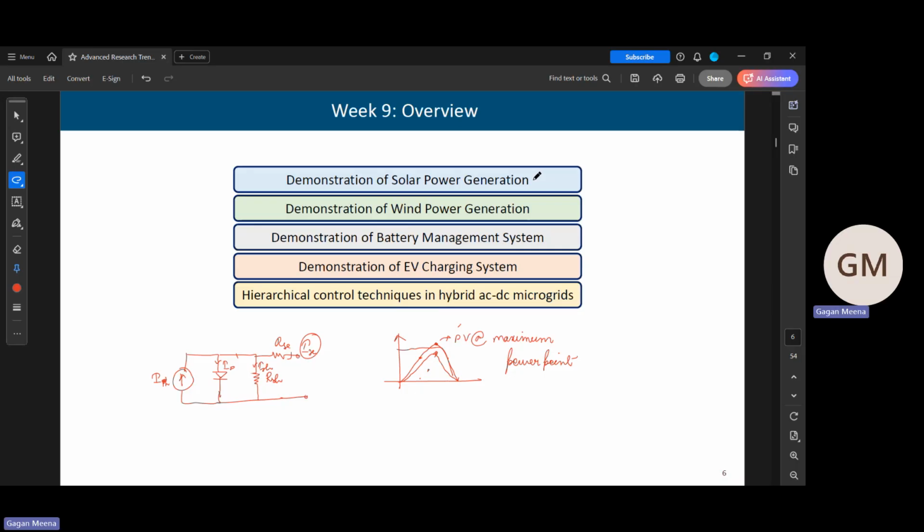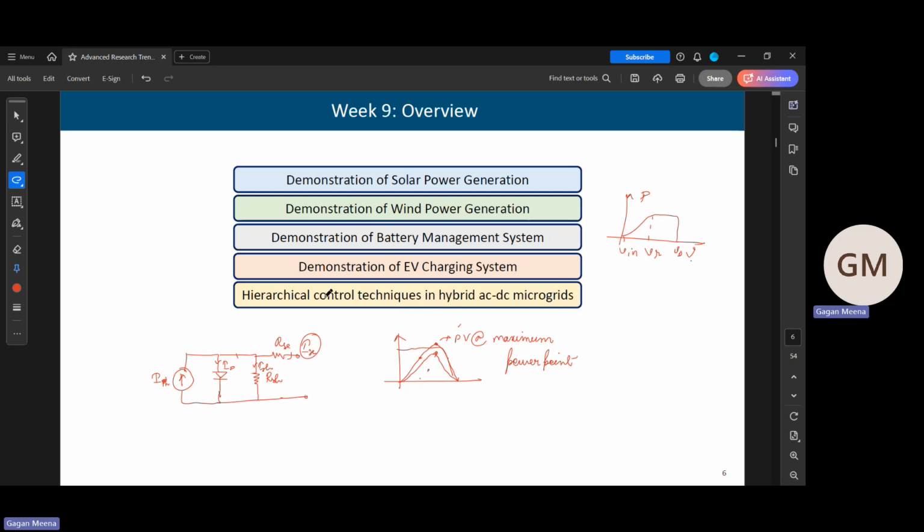That we will see, and then we discuss the demonstration of wind power generation. The curve is something like this: here is power and here is velocity. This is cut-in, this is rated, and this is cut-out speed.